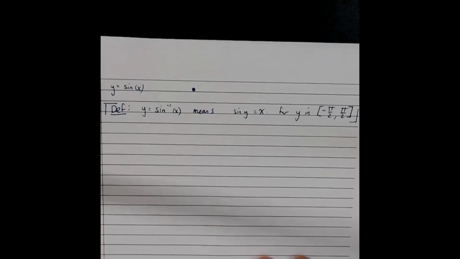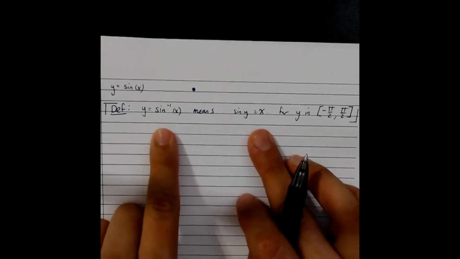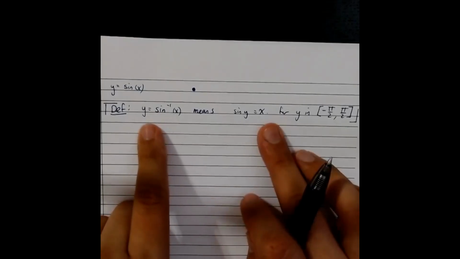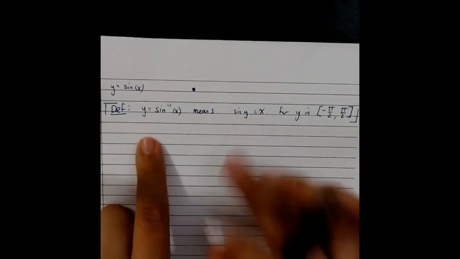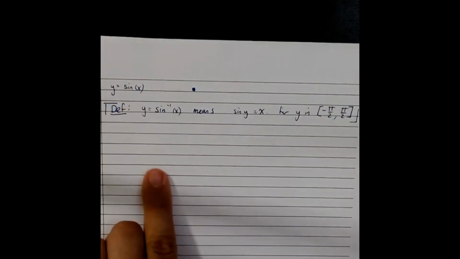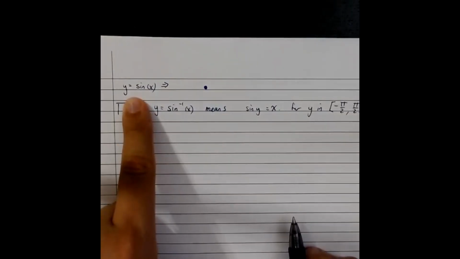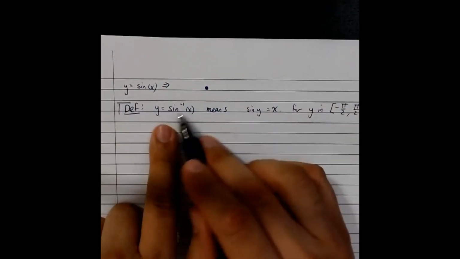Okay, so first of all, a little bit about notation, and then we'll look at some examples. The first thing about notation is, what that means is, if I have y equals the sine of x, what I want to do is take the sine inverse of both sides. I want to use this operation.